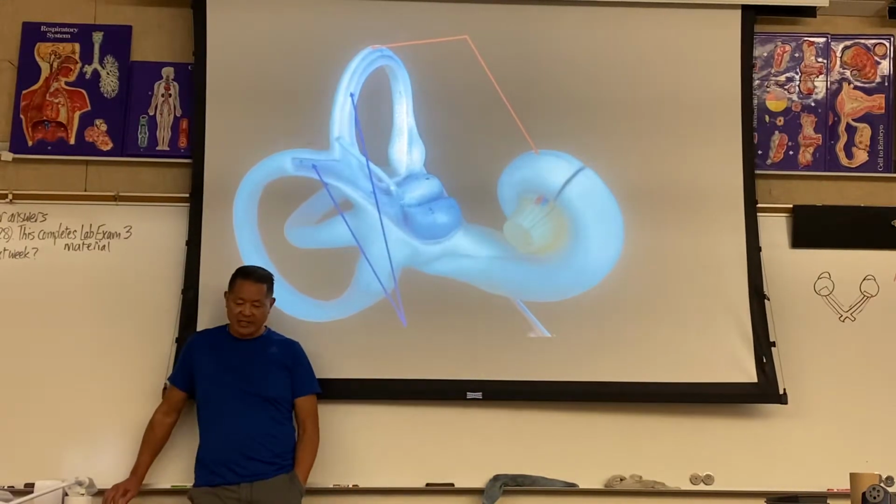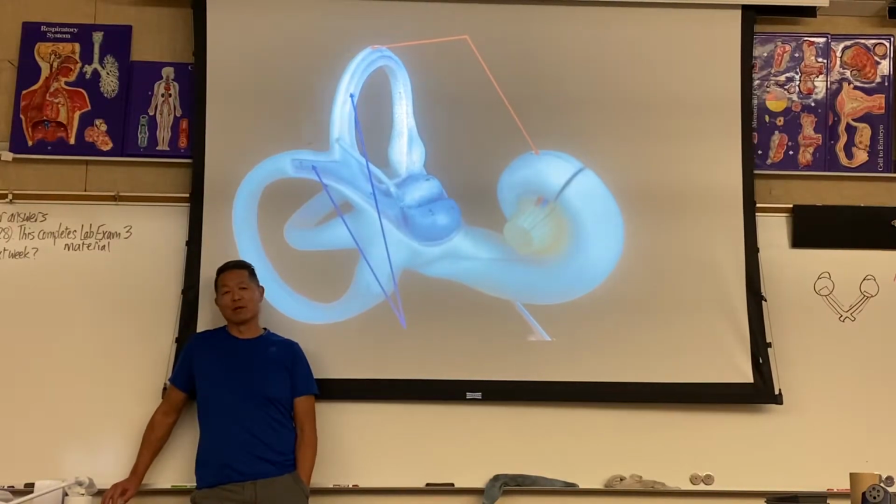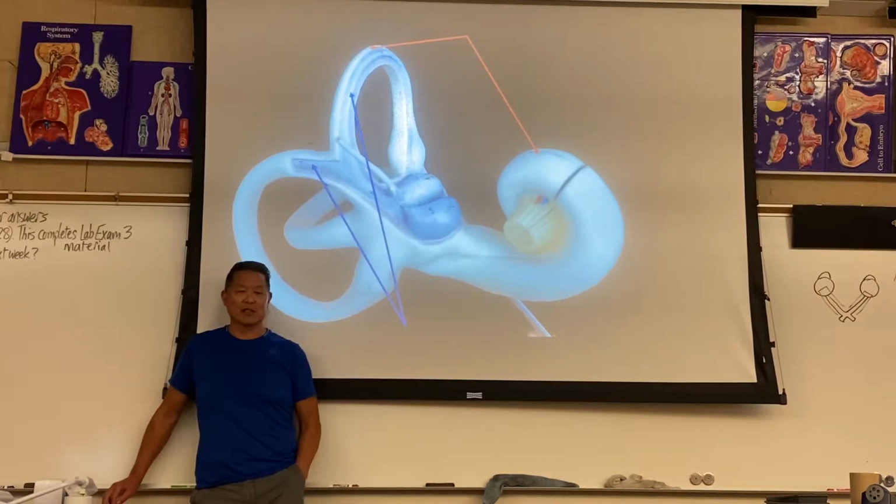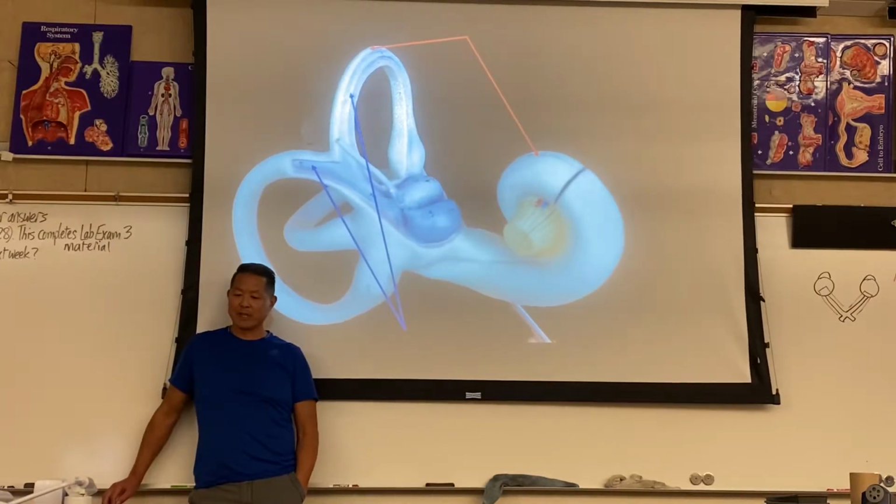Paralleling the osseous labyrinth in orange is the membranous labyrinth in blue. And they're, again, all interconnected. You also have to know the names of the fluids inside these structures. Inside the membranous labyrinth is endolymph.